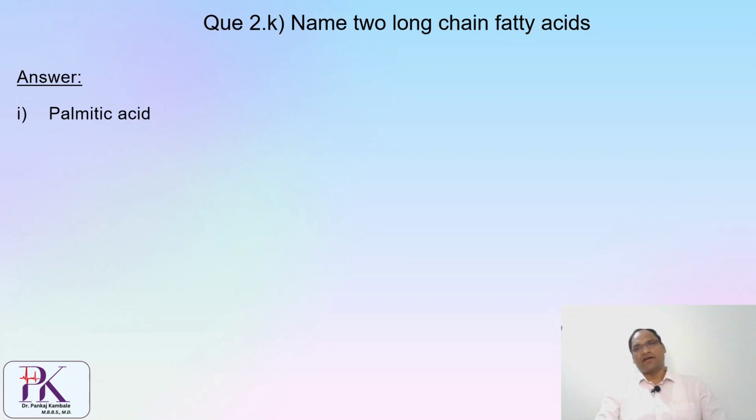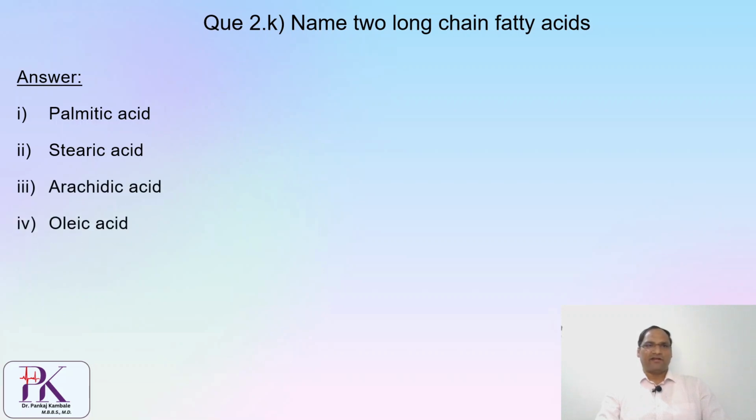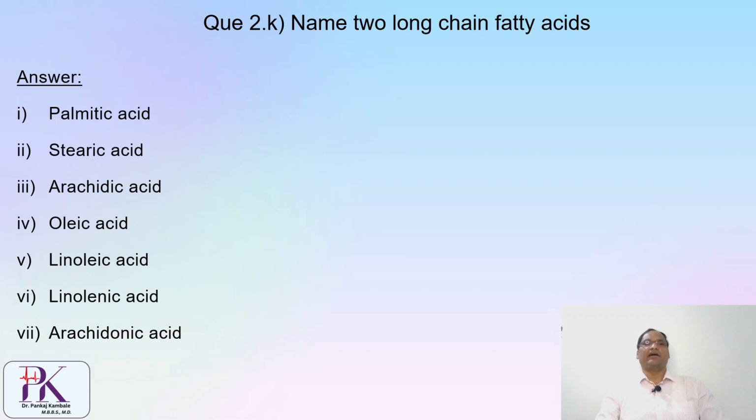You can write saturated as well as unsaturated fatty acids. The saturated ones are palmitic acid, stearic acid, arachidic acid. These are unsaturated: oleic acid, linoleic acid, linolenic acid, and arachidonic acid. So it is a very easy question for 2 marks. Just write two names to get 2 marks.